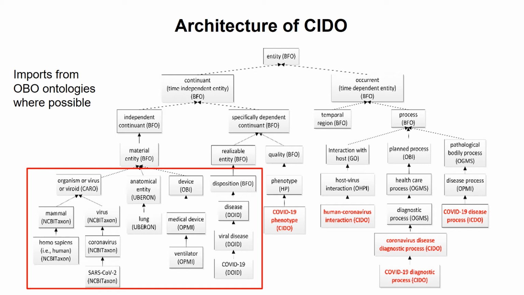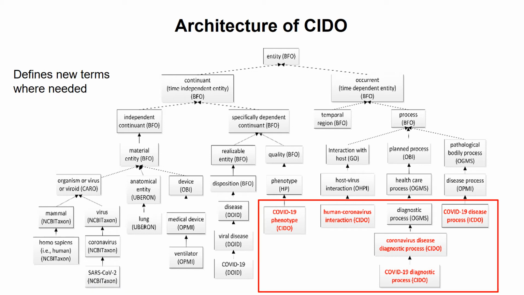So you can see things like NCBI taxonomy, OBI, UBERON, Disease Ontology, and the Precision Medicine Investigation Ontology. Meanwhile, we also have generated many CIDO-specific terms, as indicated here in red.